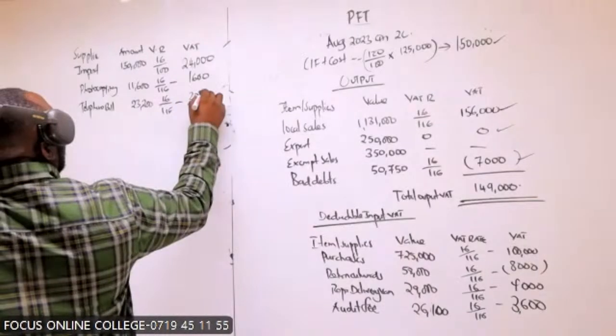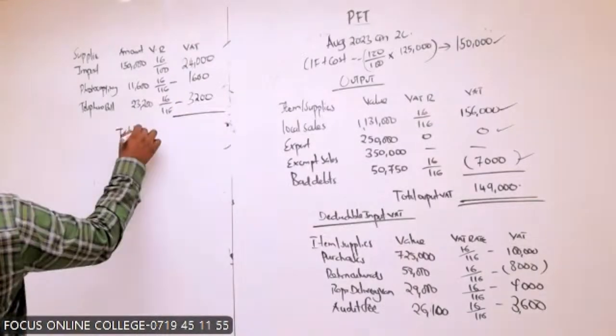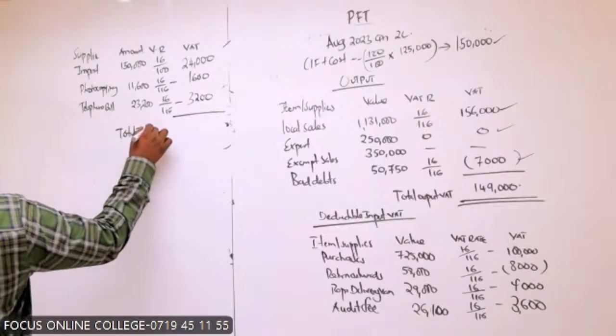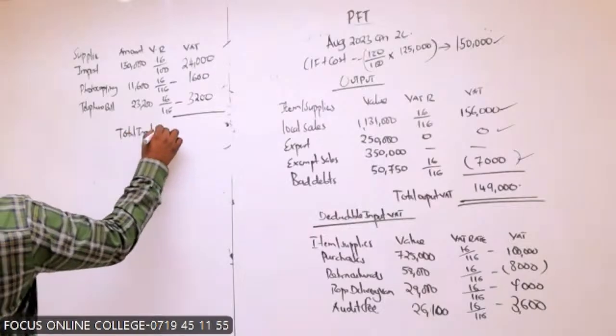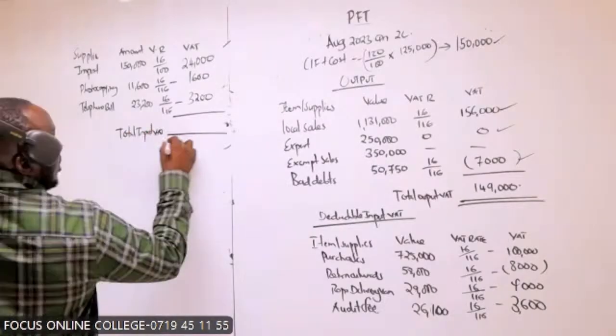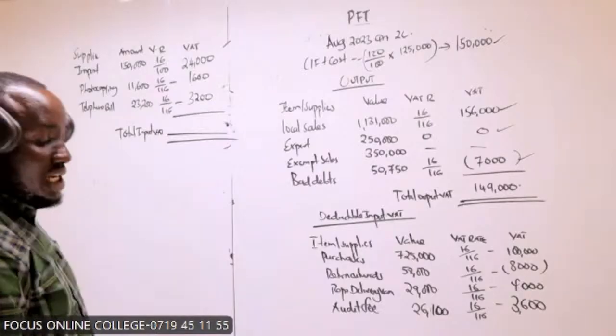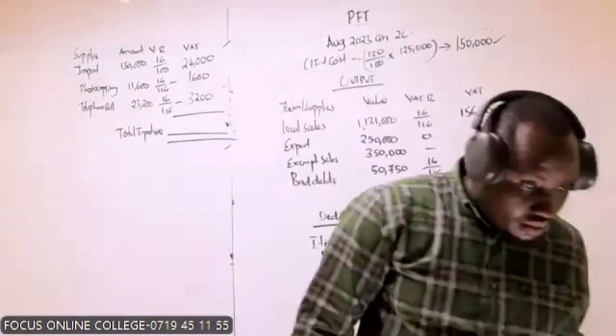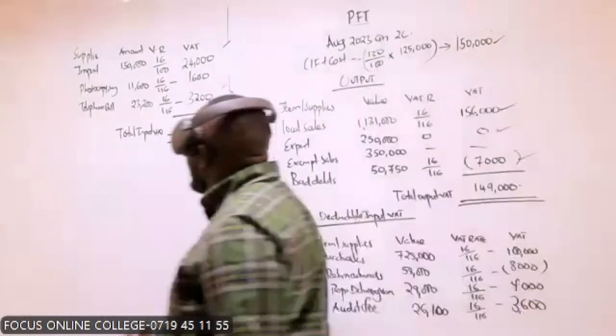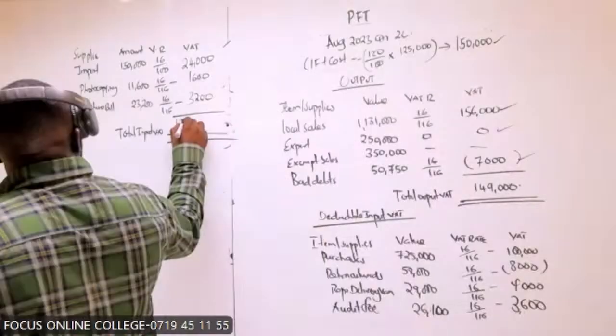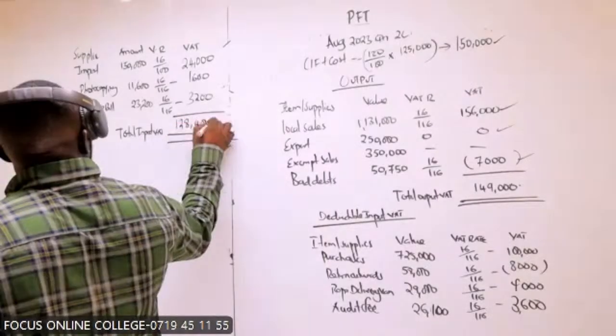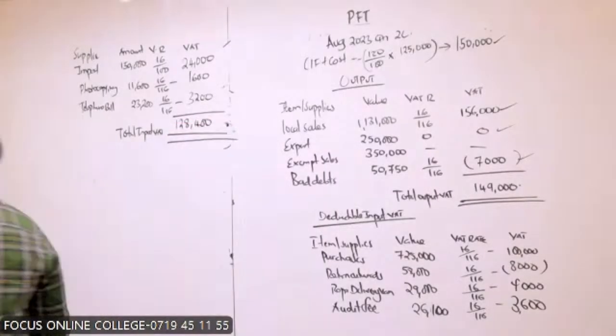Then get for me total input VAT. Very fast, get that. 128,400. So we get the deductible, we get the taxable supplies.